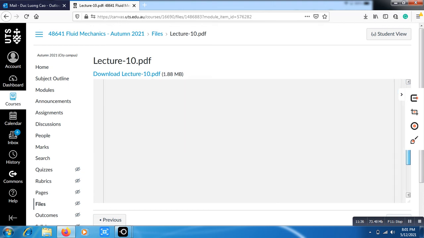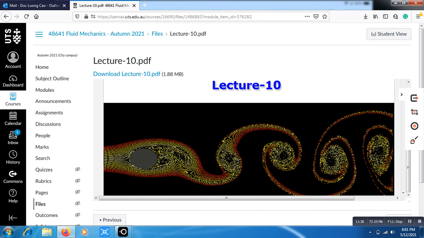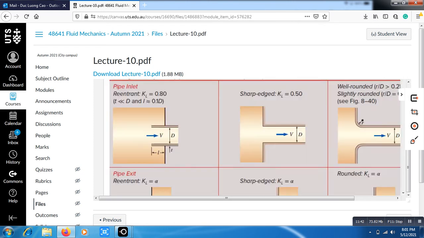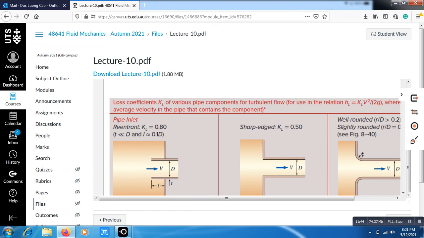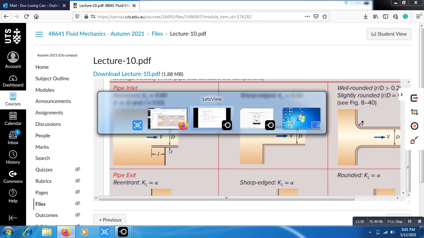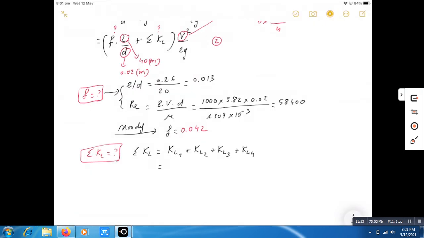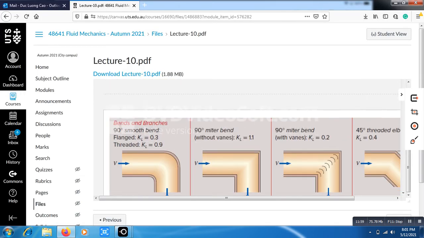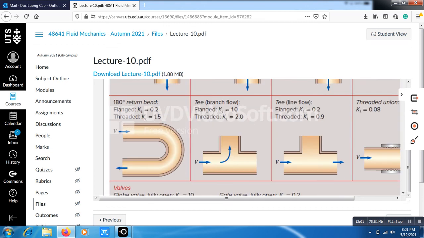The first one is the entrance, KL1 is 0.5. For the swing check valve, KL2 is 2.